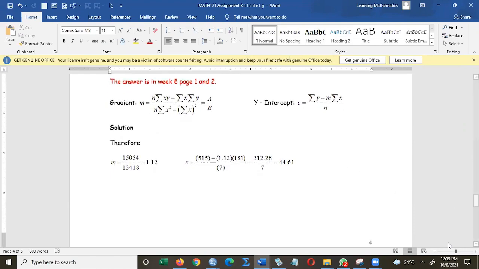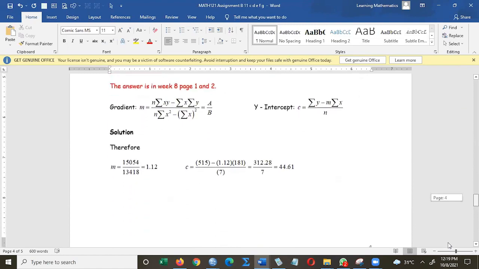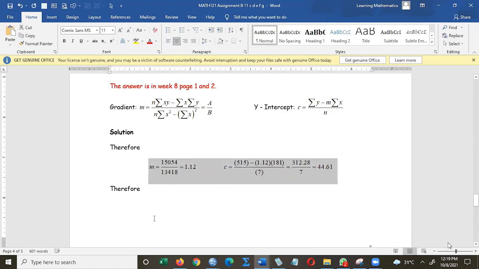Right, let's continue. So that is actually the solution. Not yet, because the question says write it in the form S is equal to mx plus c. So we can say therefore, and we can centralize this.